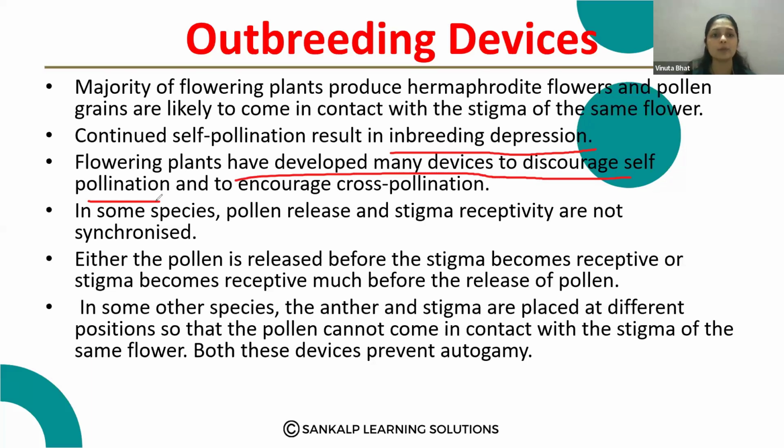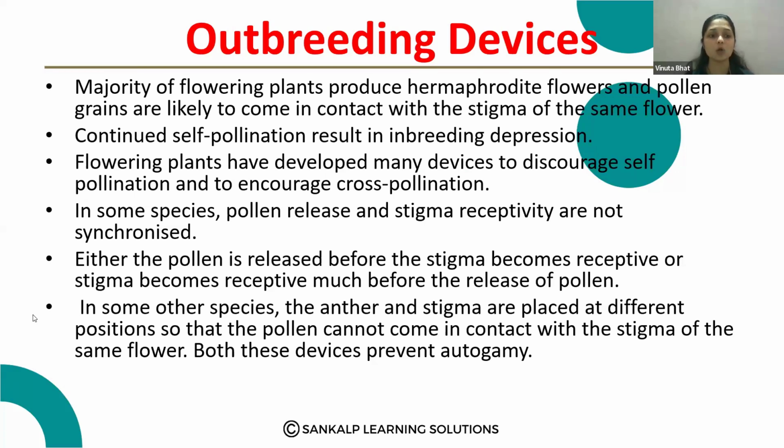So to adapt to a changing environment, they promote cross pollination. Cross pollination should happen, not self pollination. It means the pollen grains should be transferred to the flower of another plant, and that is cross pollination. So here the plants develop some outbreeding devices.